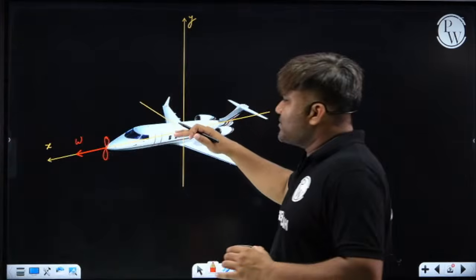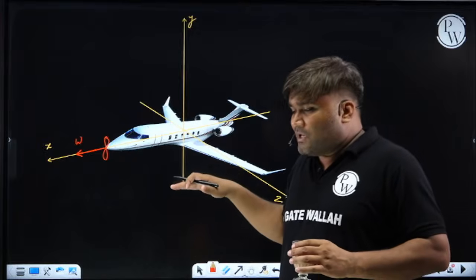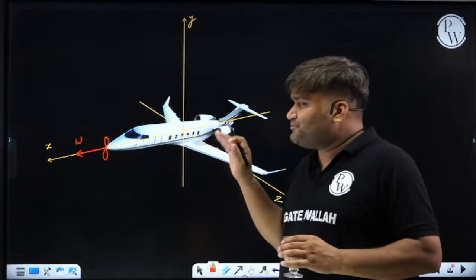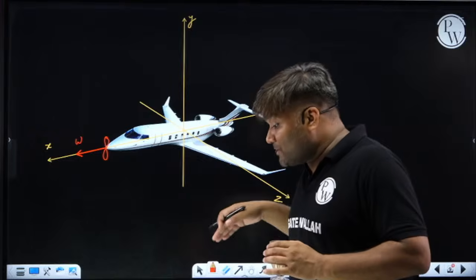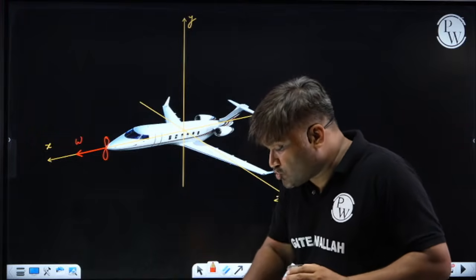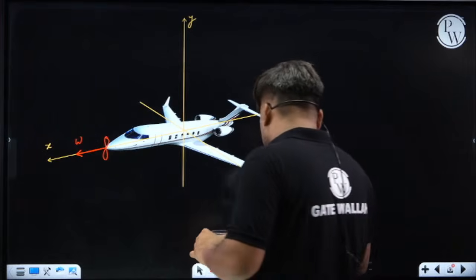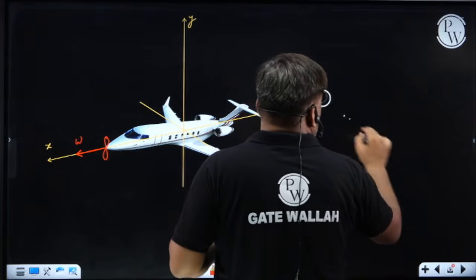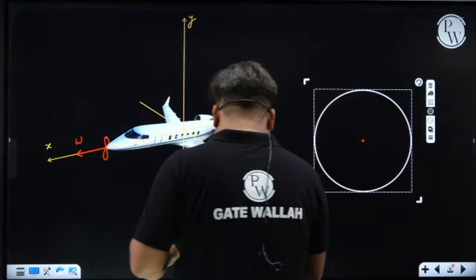When this plane is taking a turn, whatever circular path it is moving on, you can see that circular path from the top, and whatever I am seeing from the top, I am showing you here. So what is happening? You have a curved path where this plane is moving.